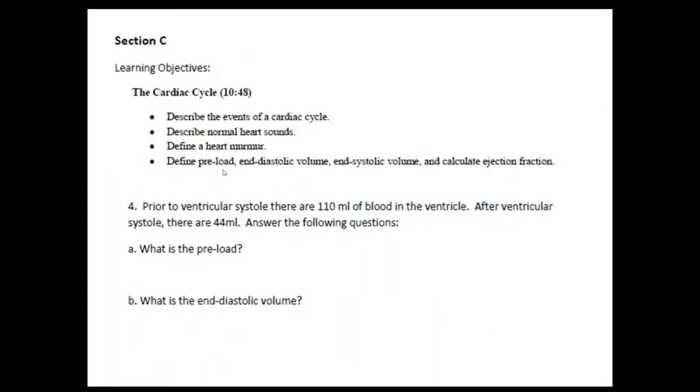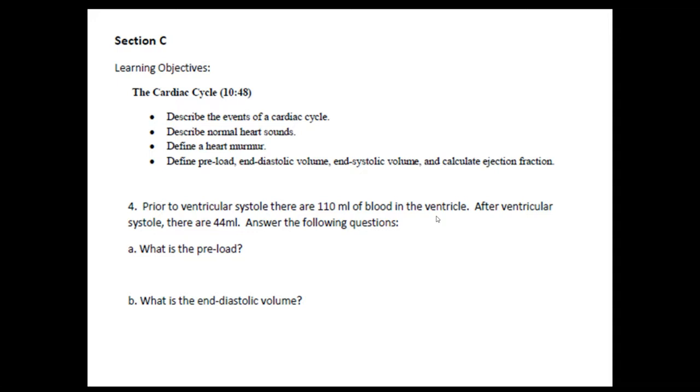All right, let's take a look at your learning activity, and let's calculate this. So prior to ventricular systole, we had 110 milliliters of blood in the ventricle. Okay, so before contraction, there was 110 milliliters of blood in the ventricle. After ventricular systole, there are 44 milliliters left.